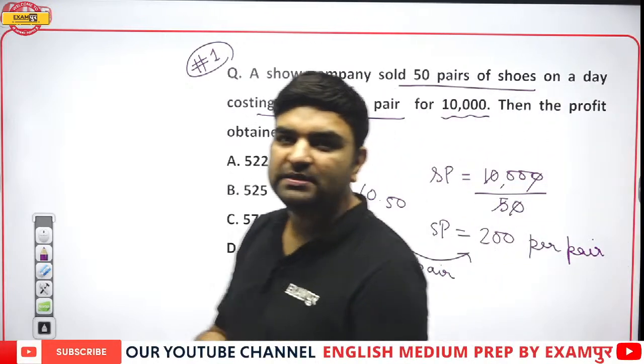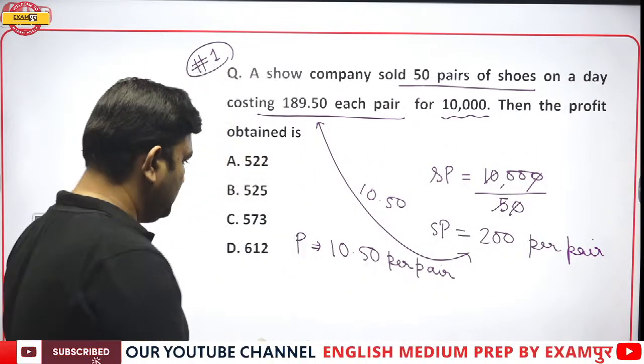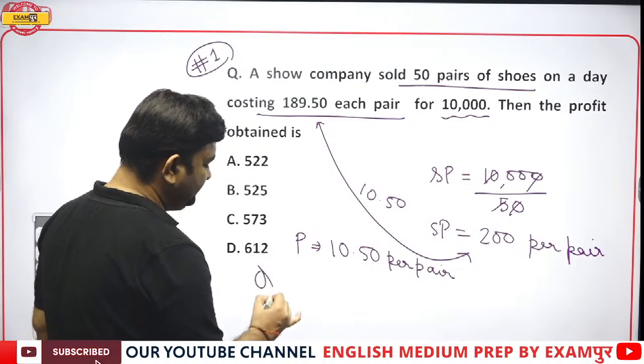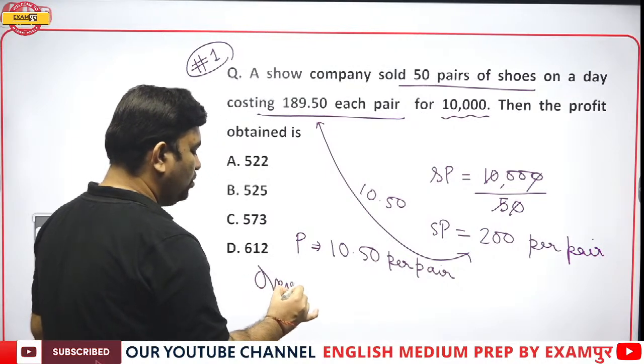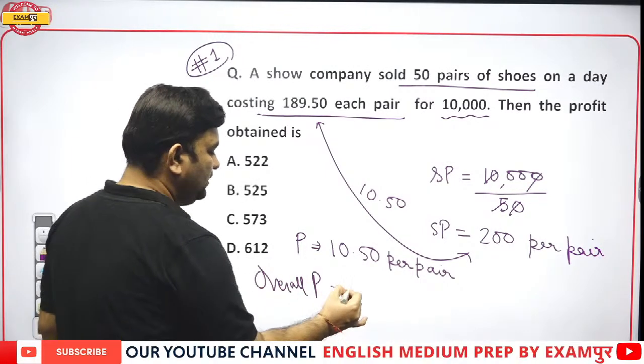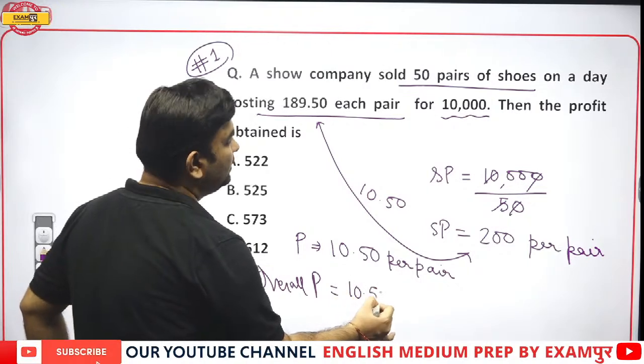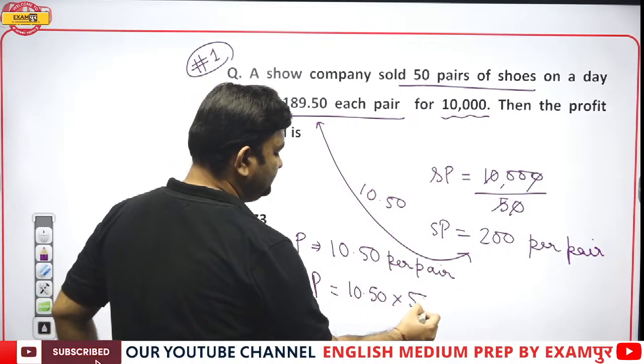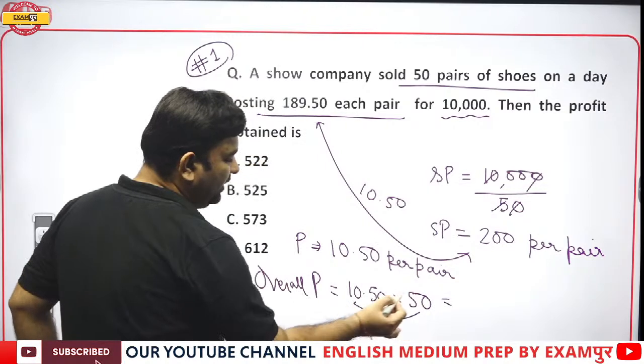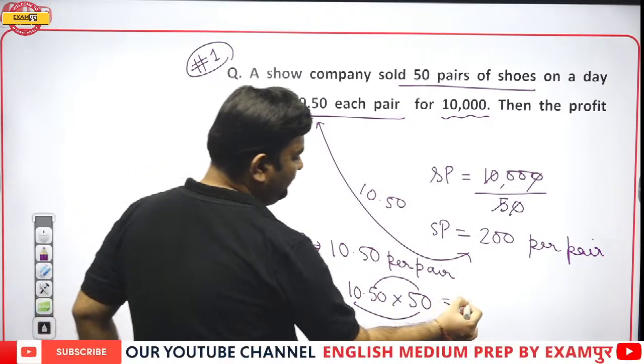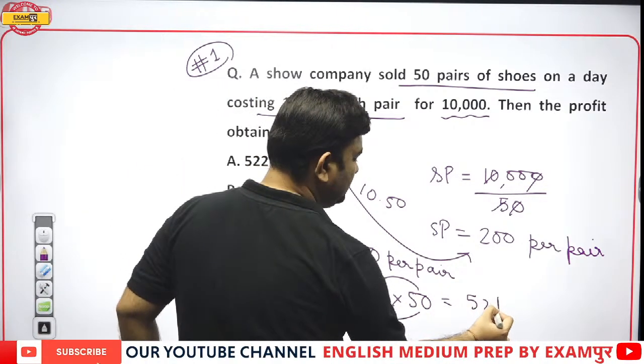And how many pairs are there? 50 pairs. So the overall profit is 10.50 into 50, which is 500 plus 25, 525 rupees.